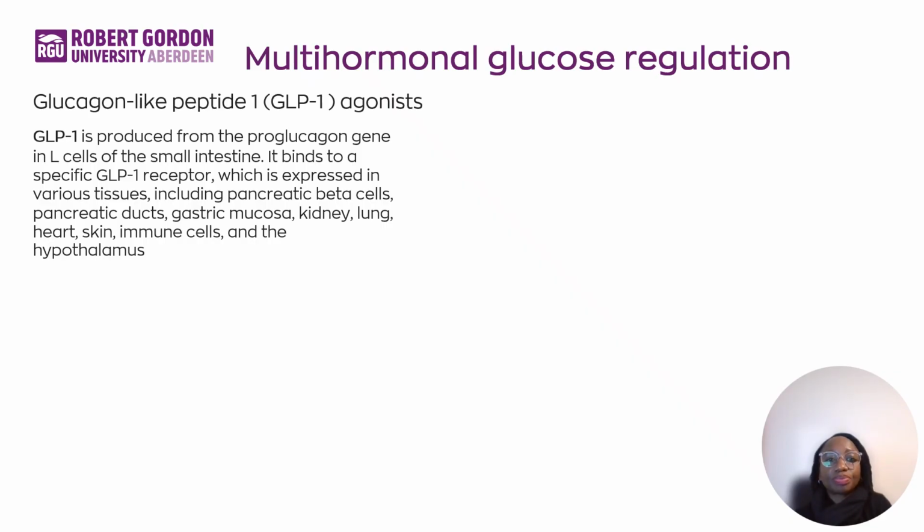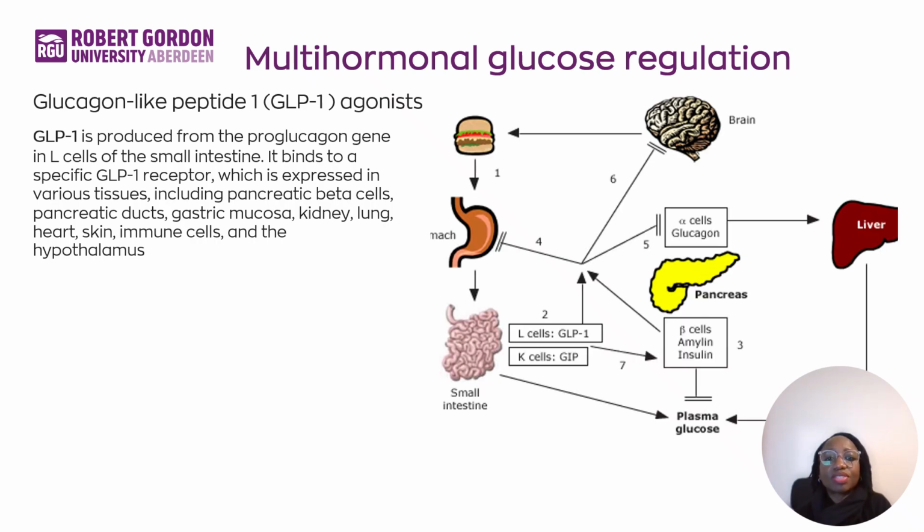Okay. I wanted to mention this multi-hormonal glucose regulation aspect of the GLP-1s. And this is, again, just a pictorial representation of the GLP-1 as small compounds that only until recently has been further investigated as an option for pharmacotherapy.